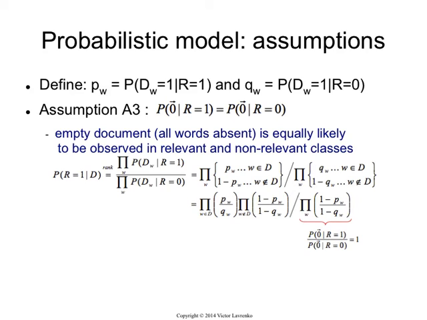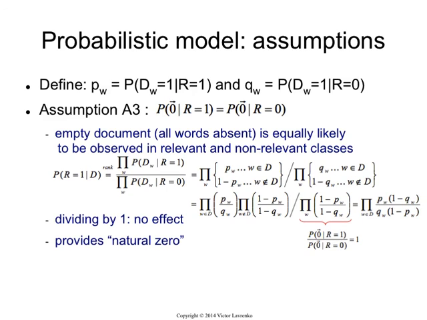All the words that are not in the document will be cancelled out, but for words that were in the document, we're going to have 1 minus PW and 1 minus QW left over. And we're going to take them and move them into that product over there. So after you do that, you're going to get product over all the words in the document, PW over QW, 1 minus QW over 1 minus PW. It's getting to be a mouthful to even pronounce, but it should be clear how that formula came around.